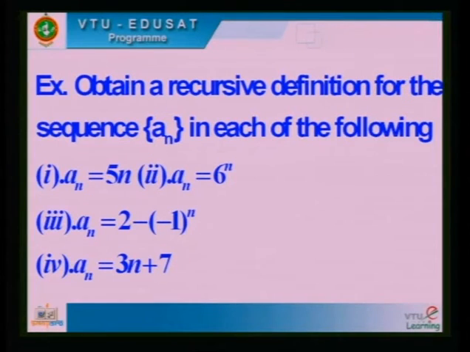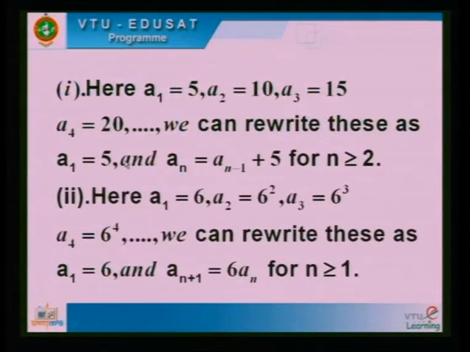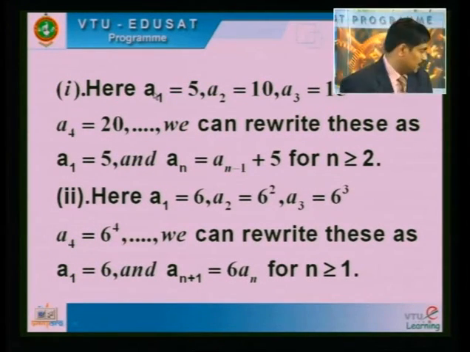Now we will give some examples related to recursive definition. Obtain a recursive definition for the sequence a n in each of the following cases. First, a n equals 5n.